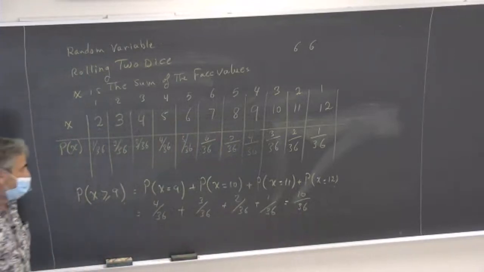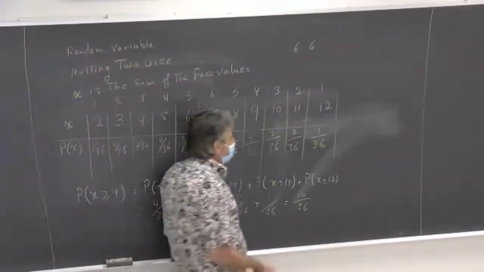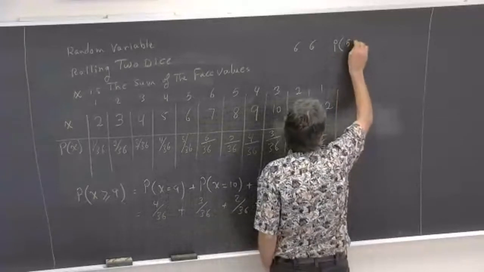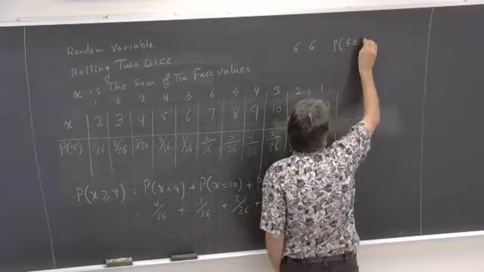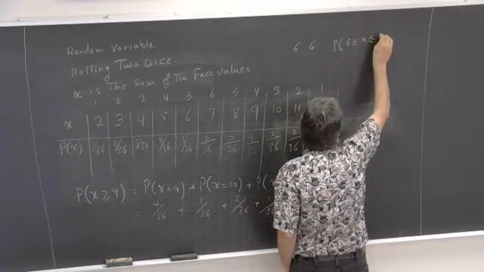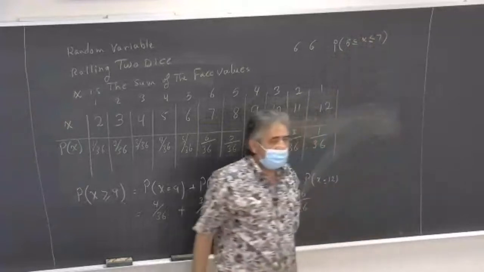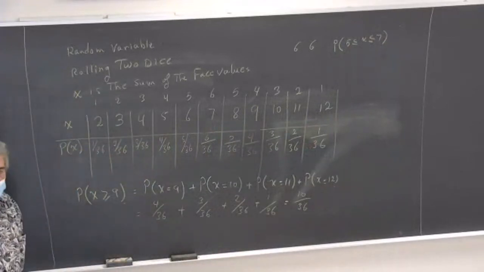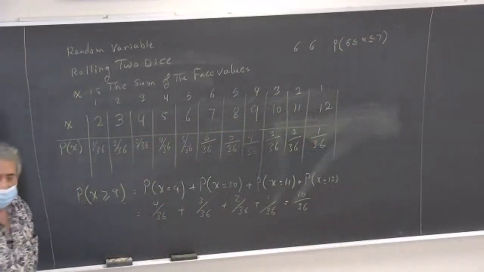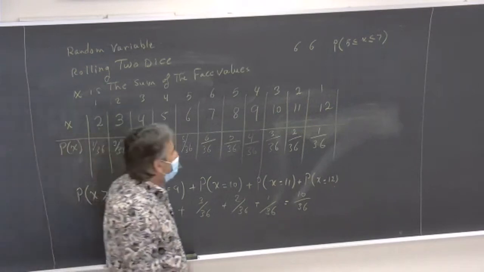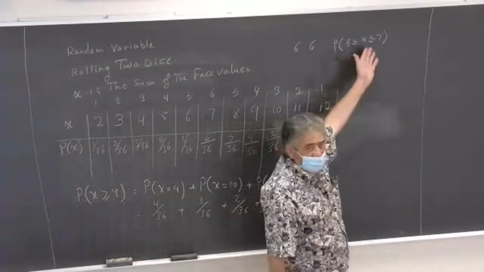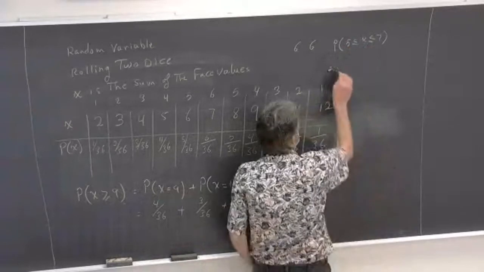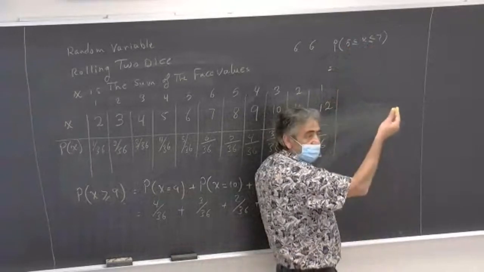Yeah? We can look at any probability we want. Say, for instance, probability x is between 5 and 7. What is that probability? What am I looking for? I'm looking at the number of x being between 5 and 7, right? So do I include 5?